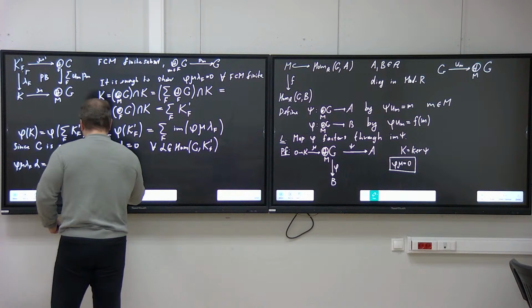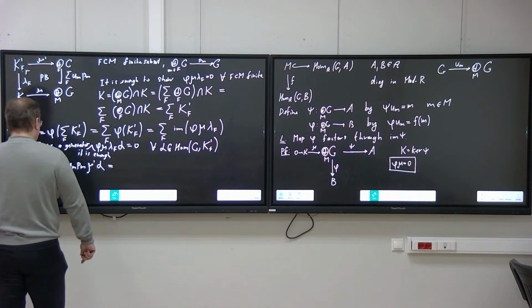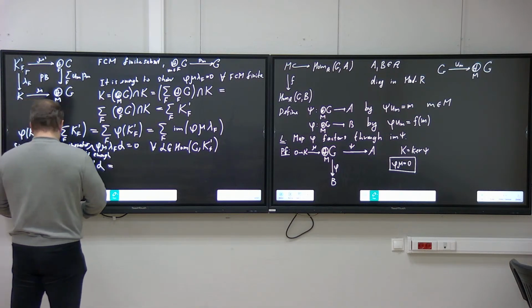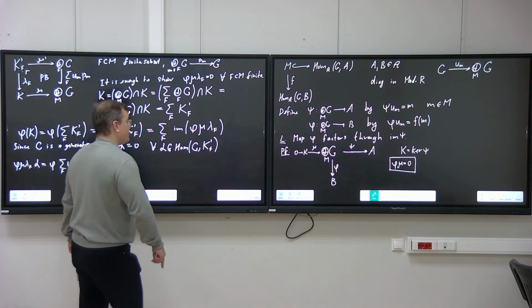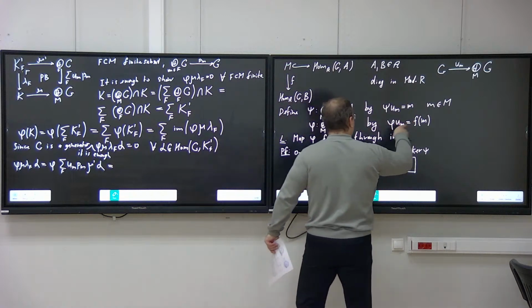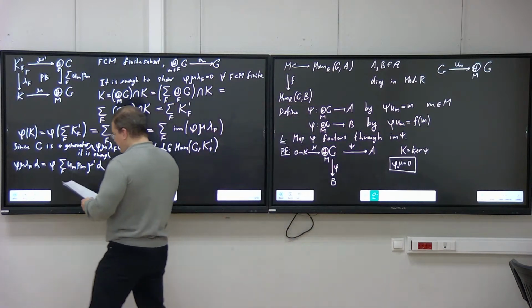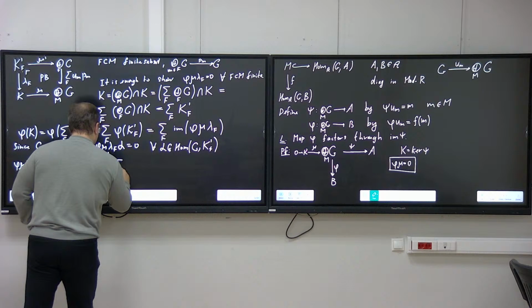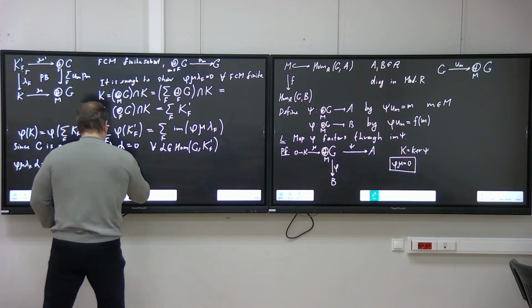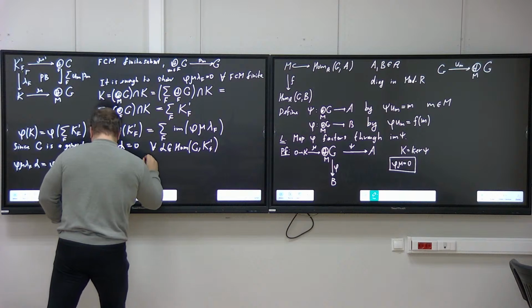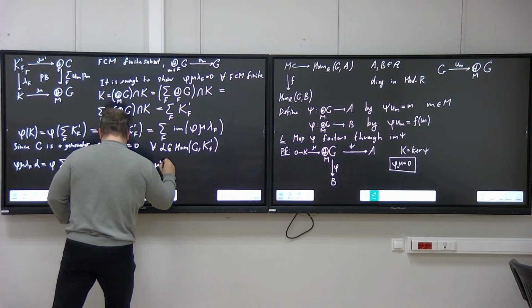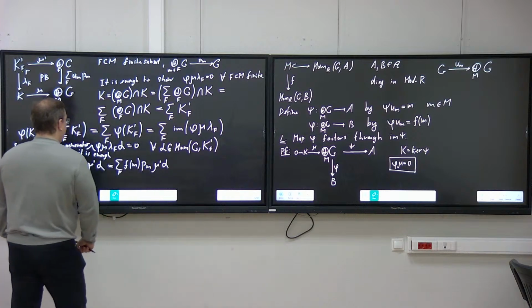So then, by looking at the definition, the composition of the phi and mu is just the f of m, so I can rewrite this as the sum over some finite set F of f of m, b m, mu prime alpha.